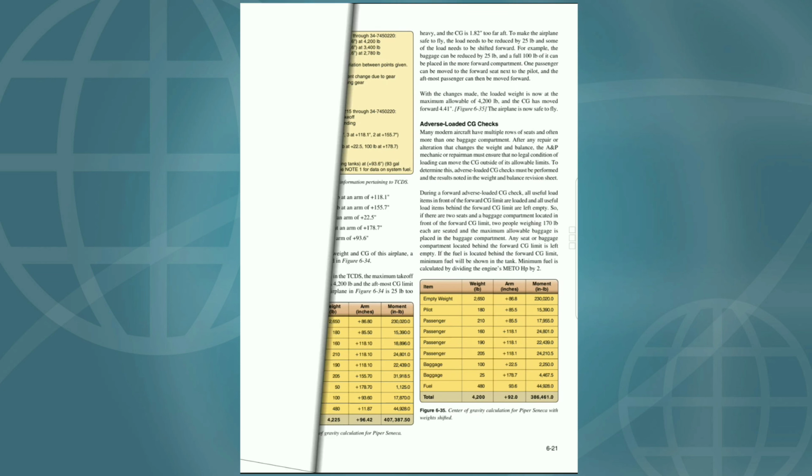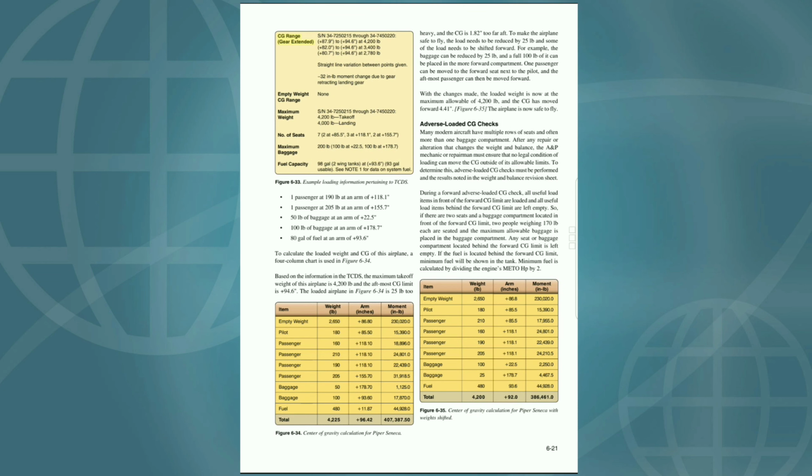CG range, gear extended. Empty weight CG range. Maximum weight. Number of seats. Maximum baggage. Fuel capacity. Serial numbers 34-7,250,215 through 34-7,450,220. Plus 87.9 to plus 94.6 at 4,200 pounds. Plus 82.0 to plus 94.6 at 3,400 pounds.